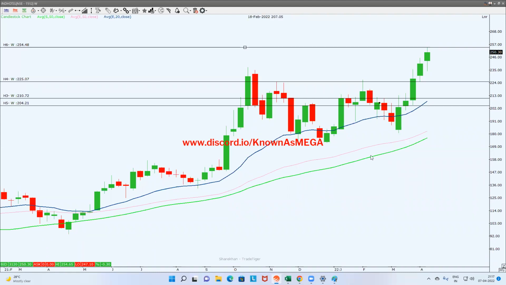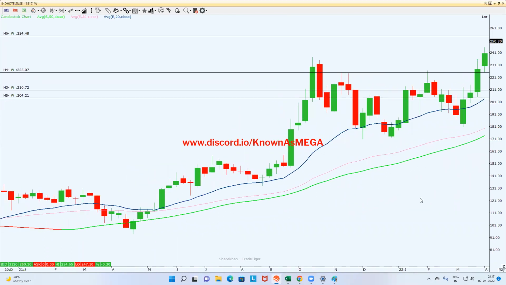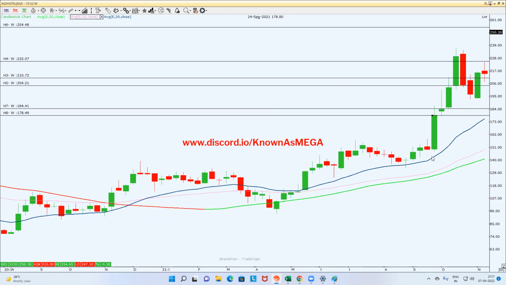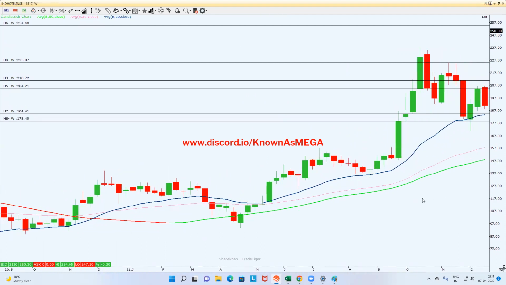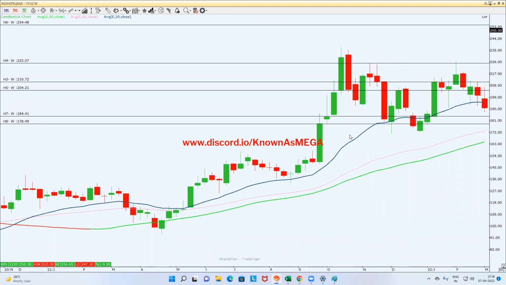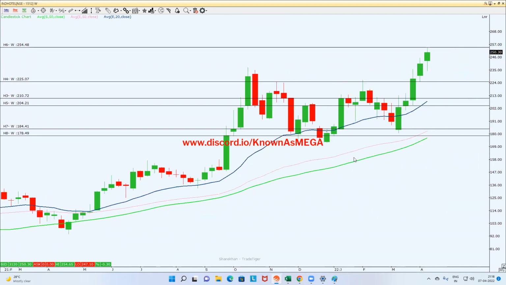In the same chart, you can see an example of a demand zone getting breached. See, this is a good demand zone. What's wrong with this? Very good buying. But see, breached. Now again, it created one more demand zone where we have marked.